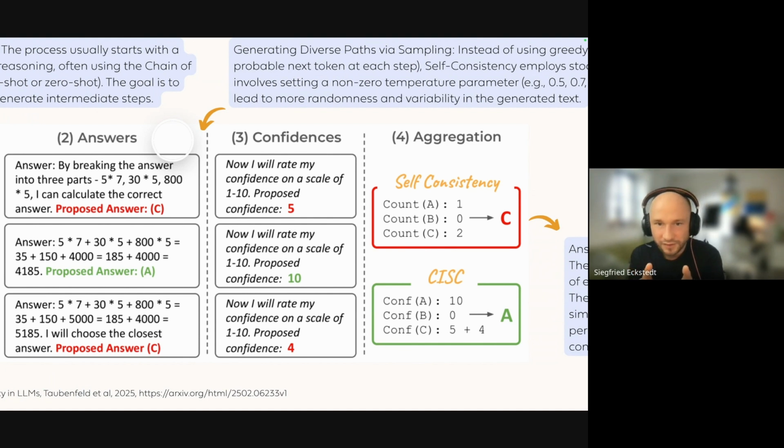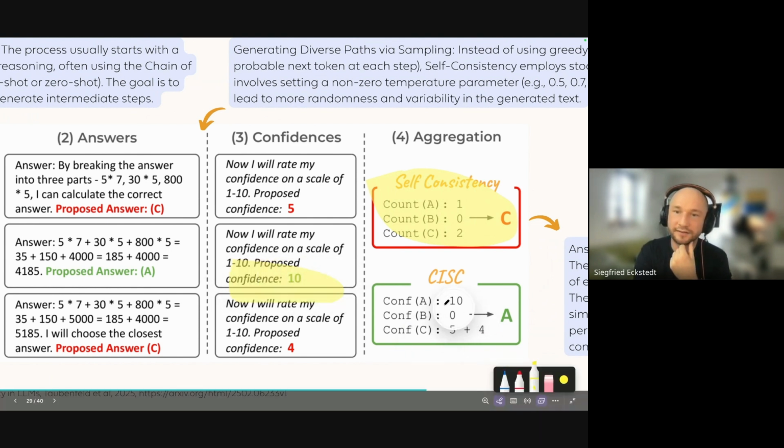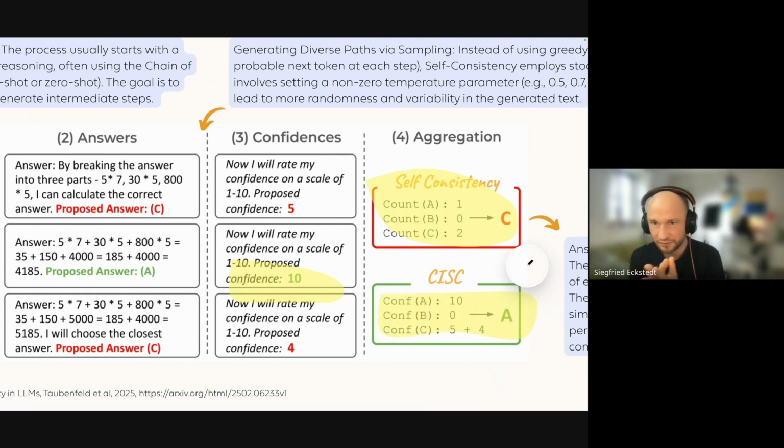Then instead of choosing the train of thought that is the most prominent, and in this case, it is proposed answer C, which is wrong, here you see the count in the aggregation, you choose the train of thought that has the highest confidence.